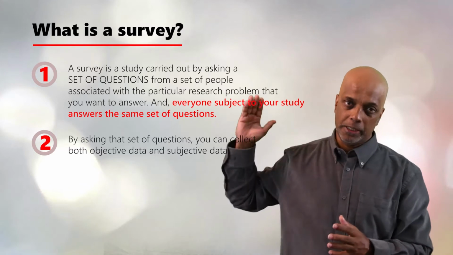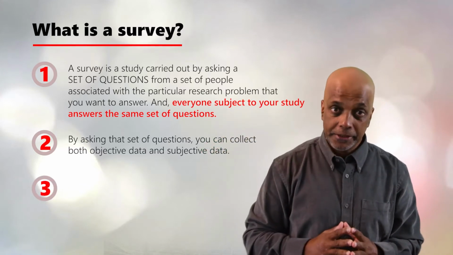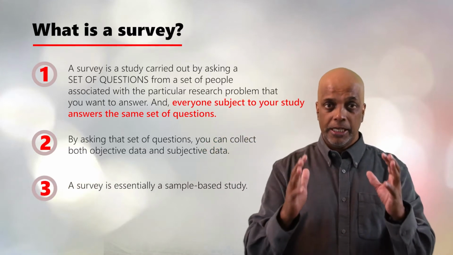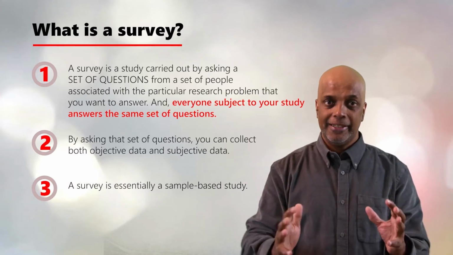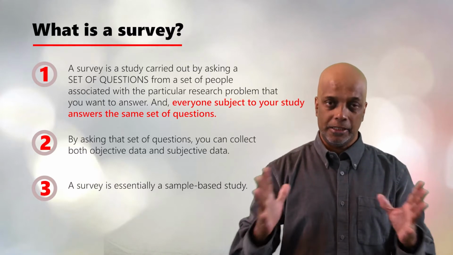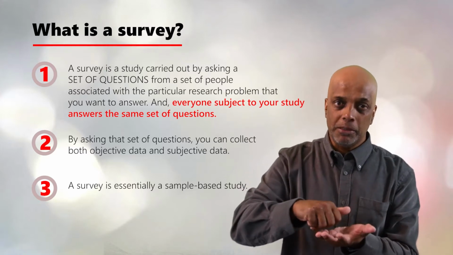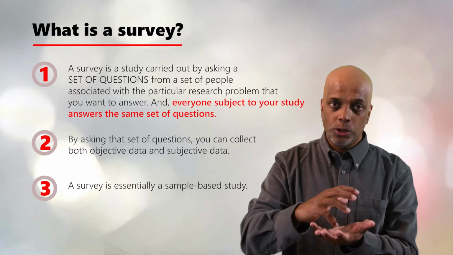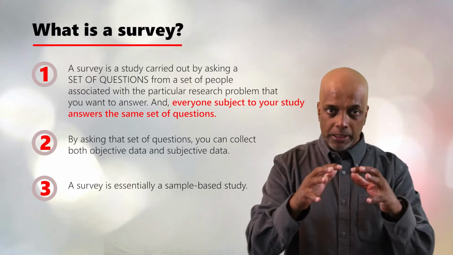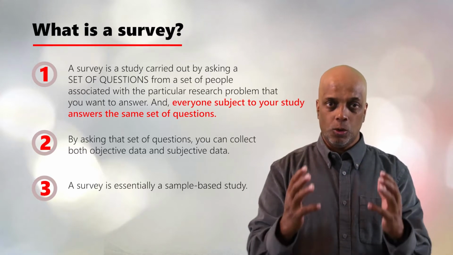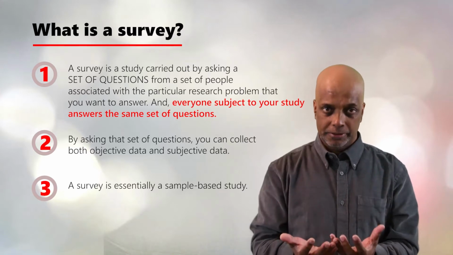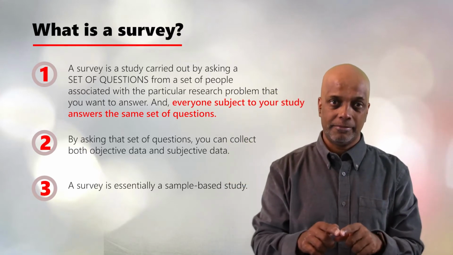The third key point about a survey is that a survey is essentially a sample-based study. The total number of people associated with your particular research problem is called the population, which is the totality.